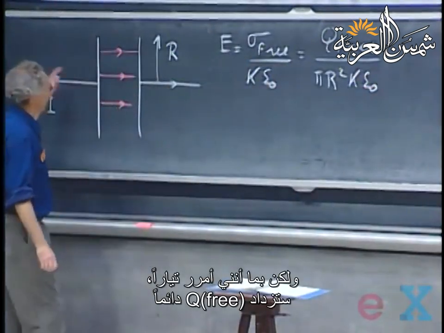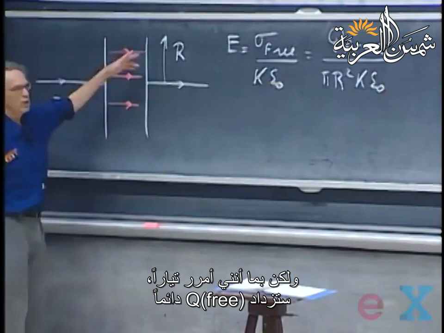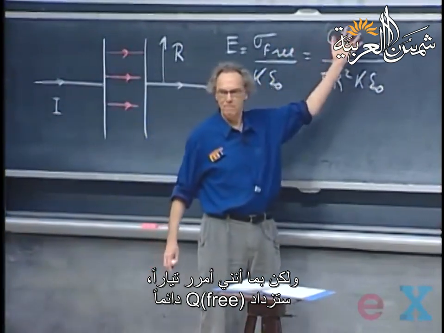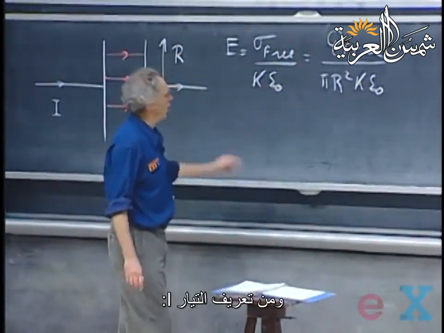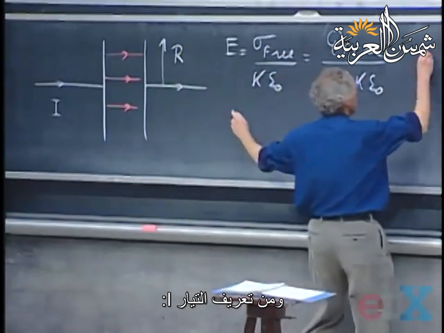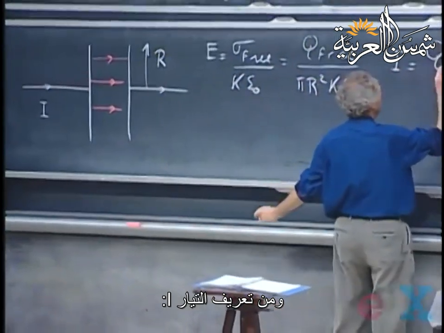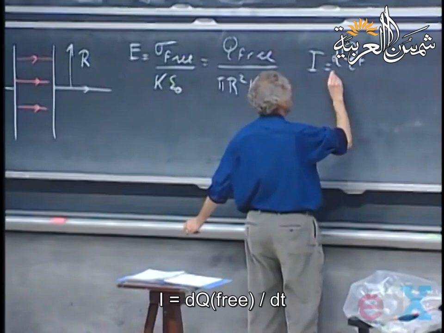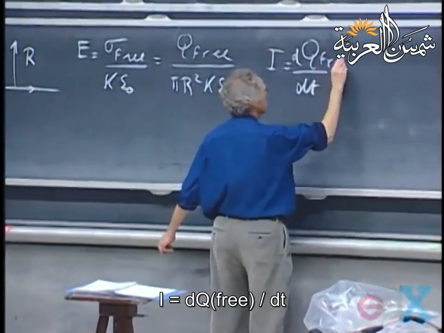But since I run a current, the Q free is building up all the time. And so the current, per definition, is dq dt.